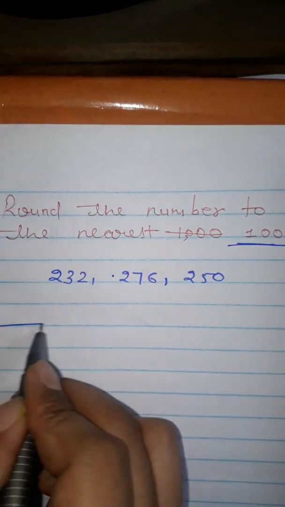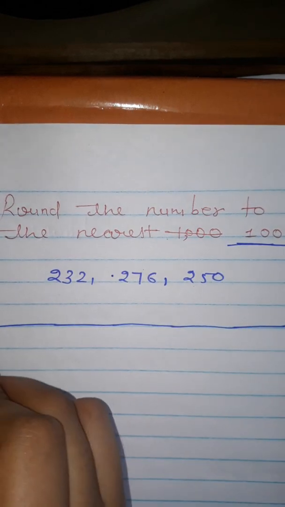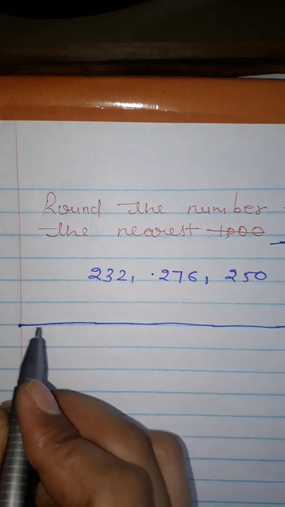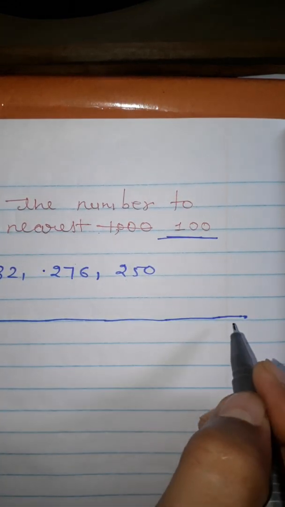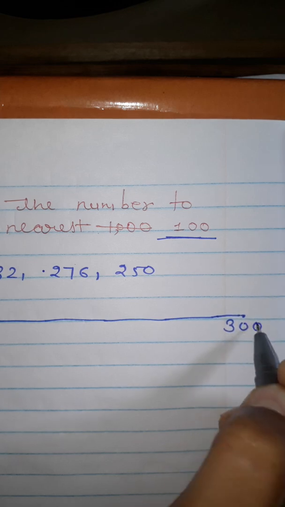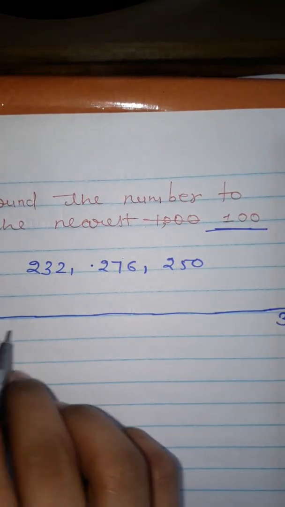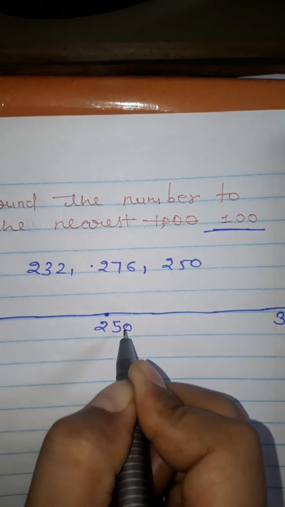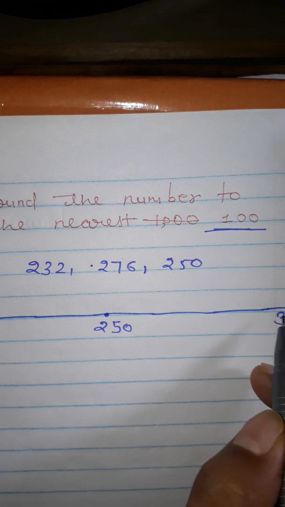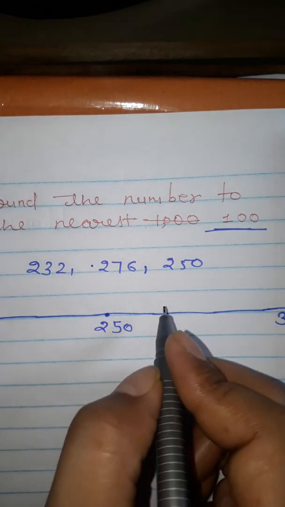So what we do, we just take a number line and we mark the hundreds here. 100 on this side is 200, and 100 on this side is 300. And we have to place these numbers between them. We write here 250, which comes between 200 and 300, and we take a difference of 10 tens between the numbers.